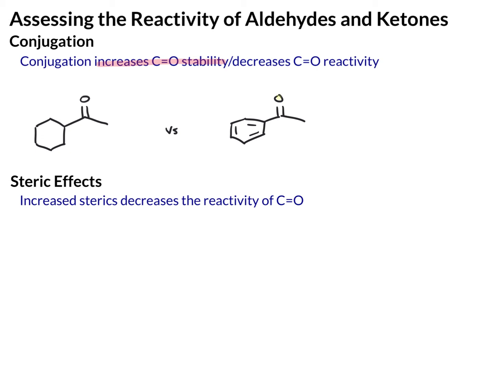Here we have the two p orbitals on the carbonyl, and then you have a p orbital on every carbon of this aromatic ring, so that is a completely conjugated system. Conjugation enhances stability, so that makes the carbonyl more happy as it is, so it's less reactive.